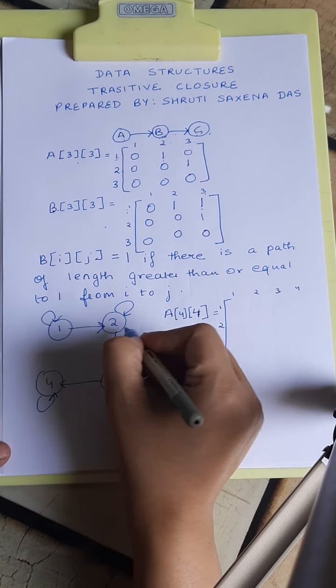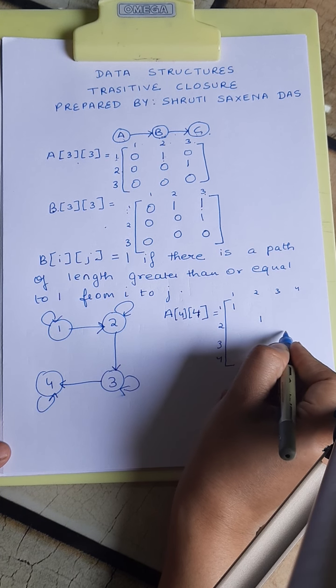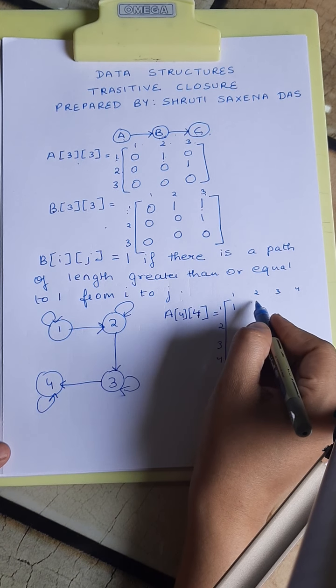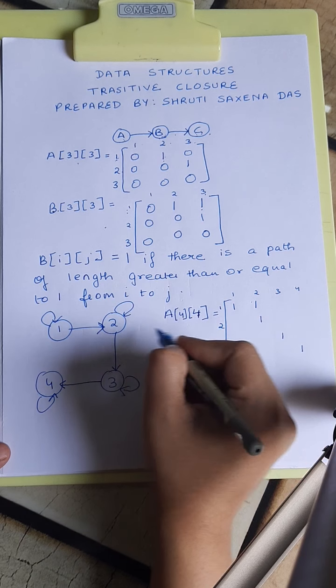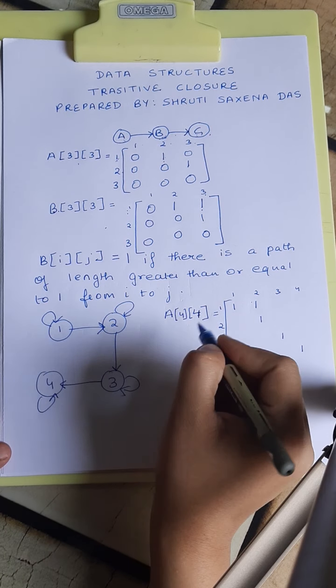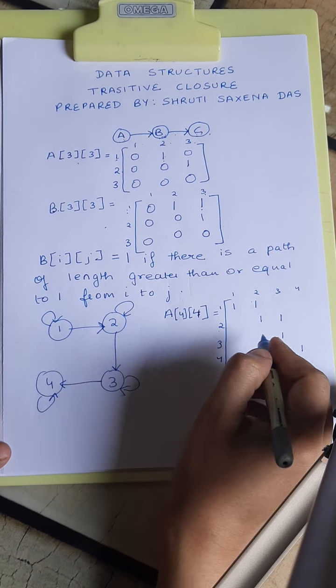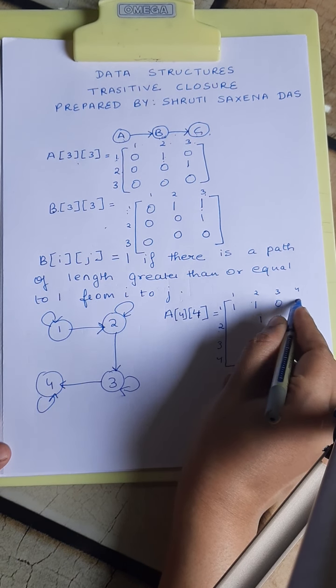Now all the nodes have self loops, so in this case the diagonal elements will be 1. Now from 1 to 2 we have an edge, then 2 to 3, then 3 to 4. The rest will be 0.